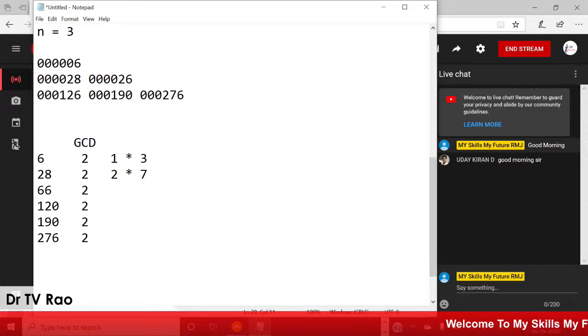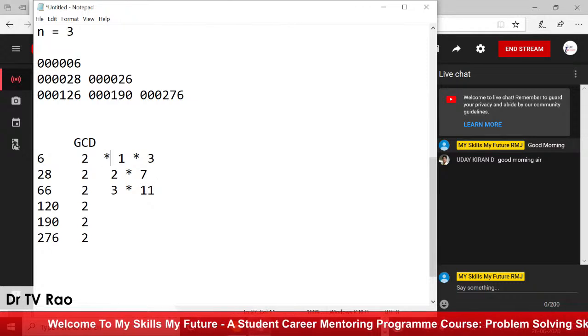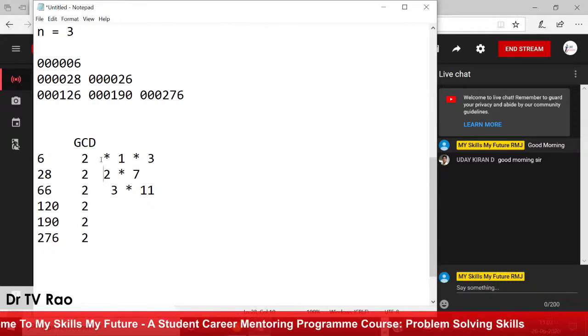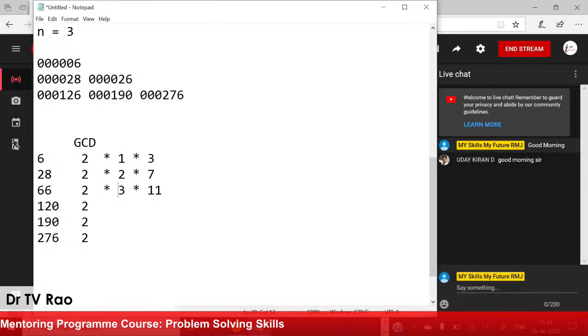This is 33, so you can write this as 3 into 11. So this is 2 into 1 into 3, this is 2 into 2 into 7, this is 2 into 3 into 11.